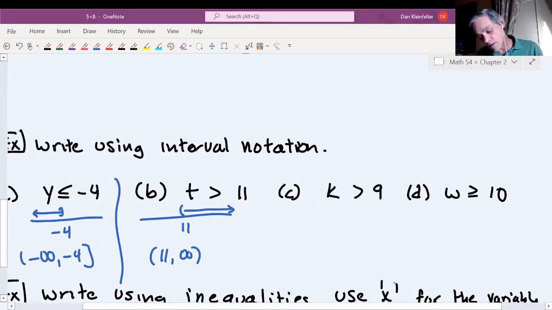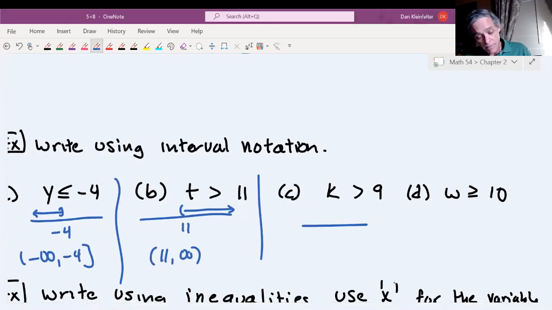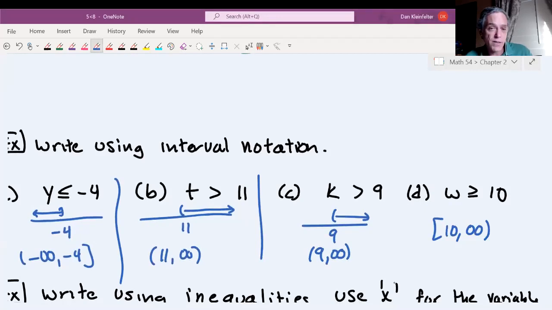Okay, for k bigger than 9, this will be the numbers that are bigger than 9. Actually, I already did one like that. We'll stick with it. For bigger than 9, it will be from 9 up to infinity. And lastly, for w is greater than or equal to 10, that will be 10 up to infinity, and the only difference is that we've got a square bracket on 10.